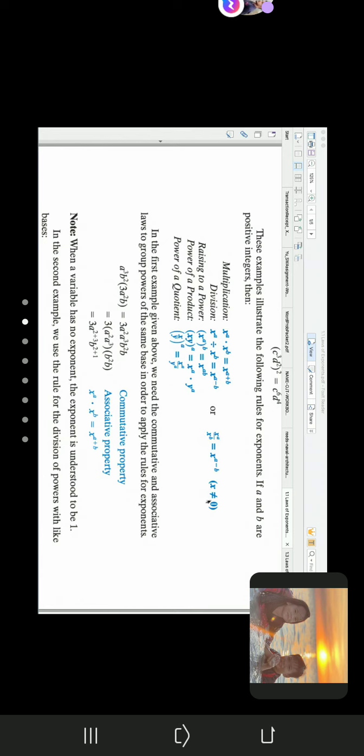Where x is not equal to 0. It should be that x is not equal to 0 because when 0 is raised to any number that is equal to 0 anyway, right? Or it cannot be, and there are times that it is undefined, especially if the power is negative.